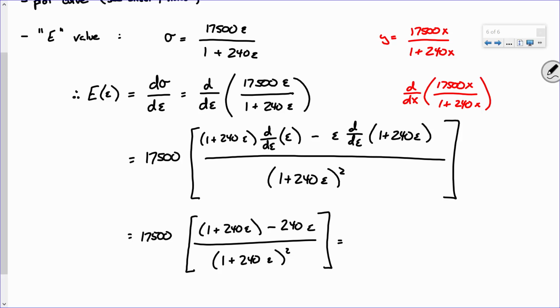The 240 epsilons are going to cancel. And if I wanted to simplify this, would a fair way of doing it be this? That fair? Not too shabby, right? Okay. All right. So far, so good.